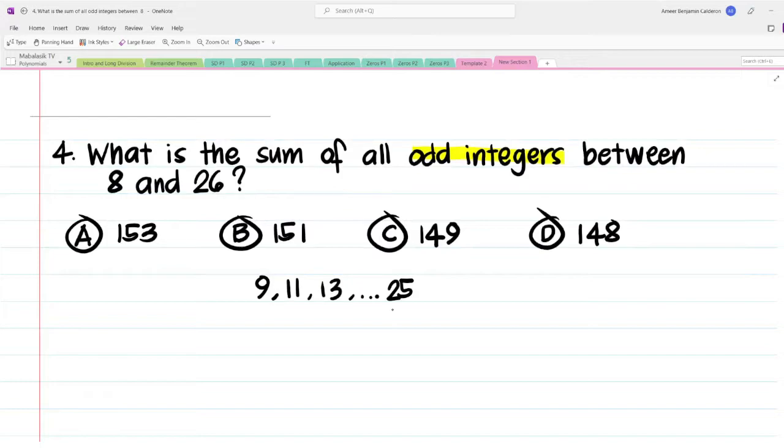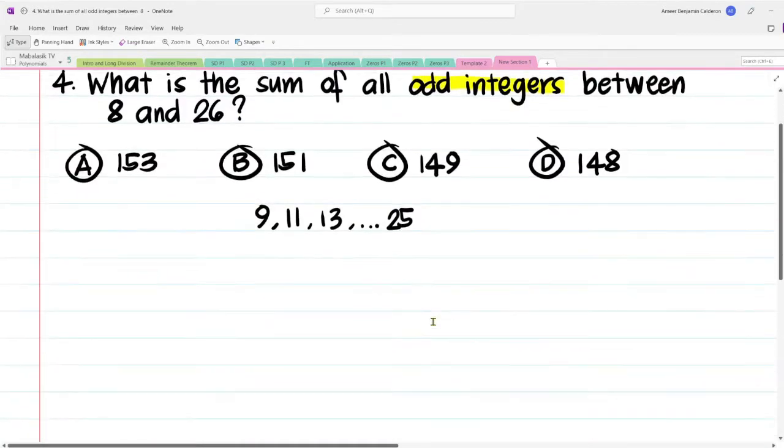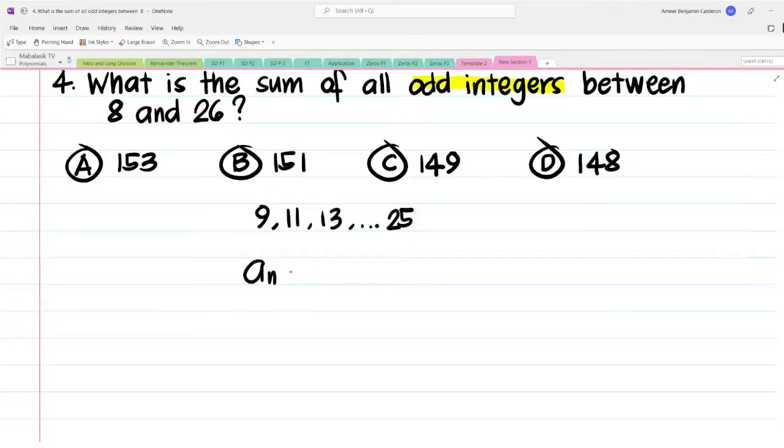So this will be our sequence, which obviously is arithmetic once again. We just do not know how many terms we have in this particular sequence. So just like in our third problem, what we want to do first is to find n using the formula a sub n equals a sub 1 plus the quantity of n minus 1 times d.